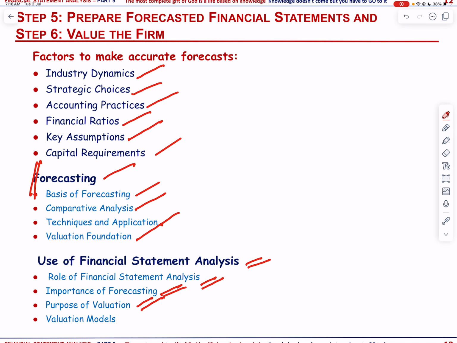And valuation models, these models rely on forecasts of dividends, earnings, and cash flows to determine firms' value. So, in essence, financial statement analysis and accurate forecasting are essential for creating reliable valuation models that guide investment decisions. So, this completes the fifth video on financial statement analysis.